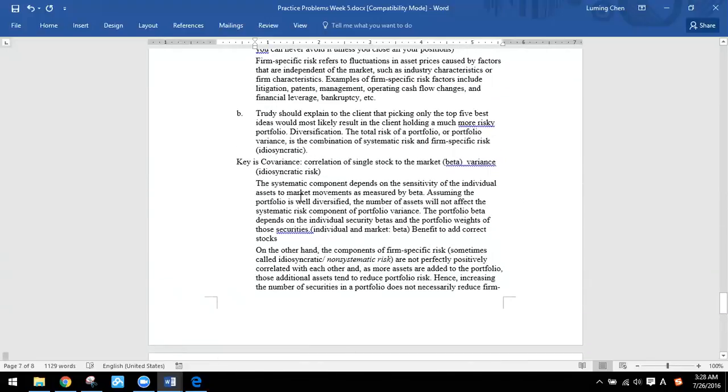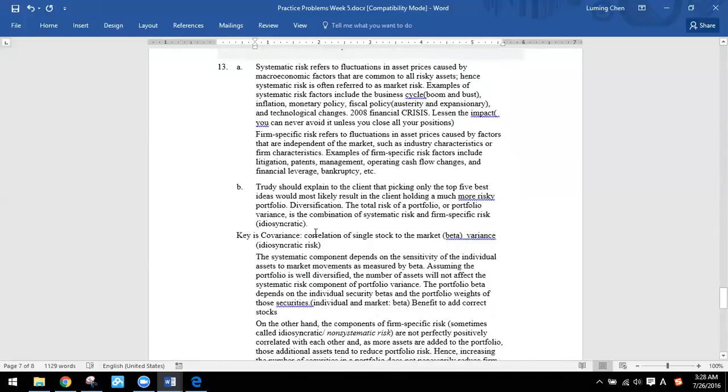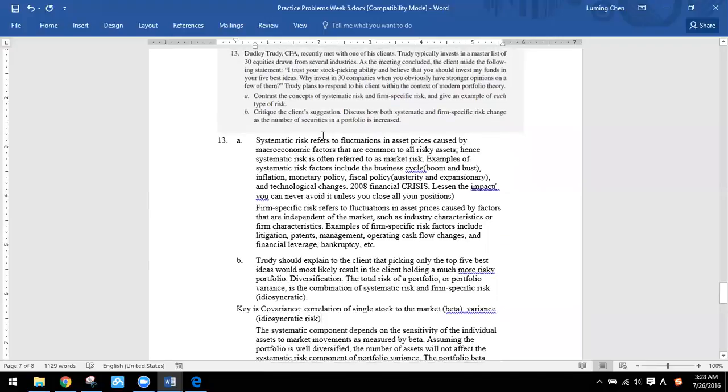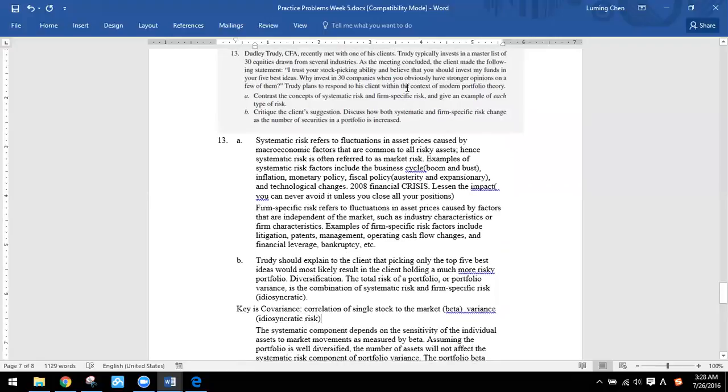So on the one hand, adding stocks affects the total beta. And on the other hand, there are benefits of diversification. So both systematic and firm-specific risk will change as the number of securities is increased.